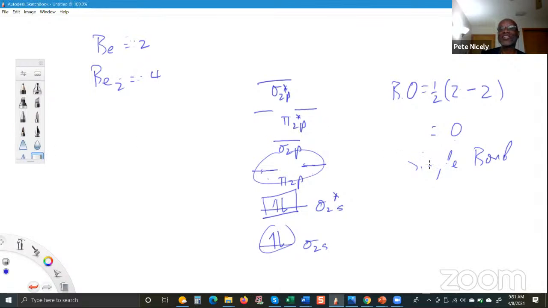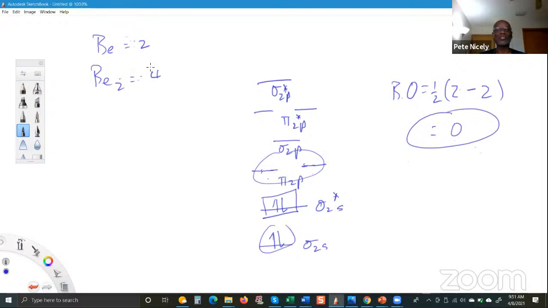And in fact, as far as I know, I haven't checked recently, nobody has been able to create, under any conditions, the beryllium-2 molecule. The reason for that is that, based on the molecular orbital theory, the bond order would be 0.